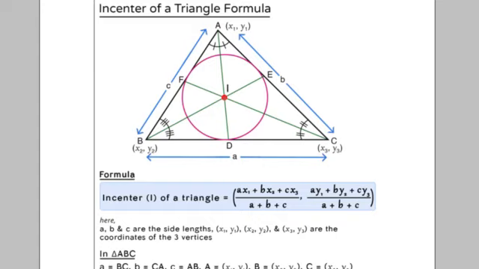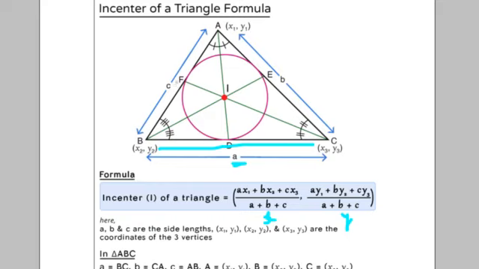So the formula to find the incenter of a triangle is (ax1 plus bx2 plus cx3) divided by (a plus b plus c), and (ay1 plus by2 plus cy3) divided by (a plus b plus c) is the y coordinate. This is x and this will be y for the incenter of a triangle, where a is the length of the side BC of the triangle.